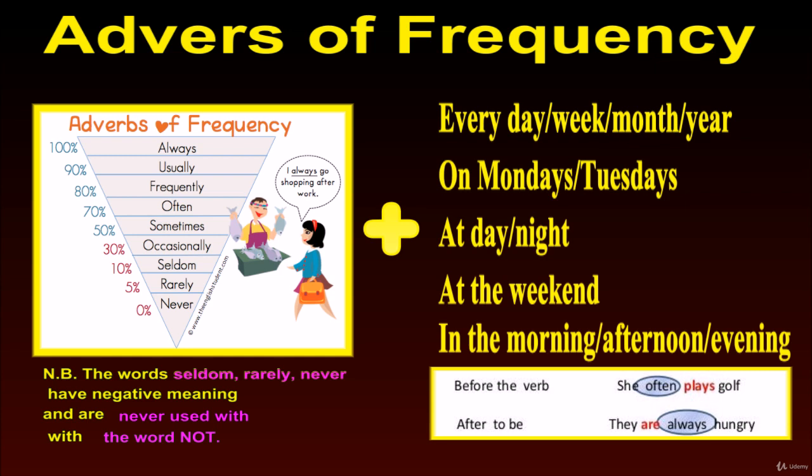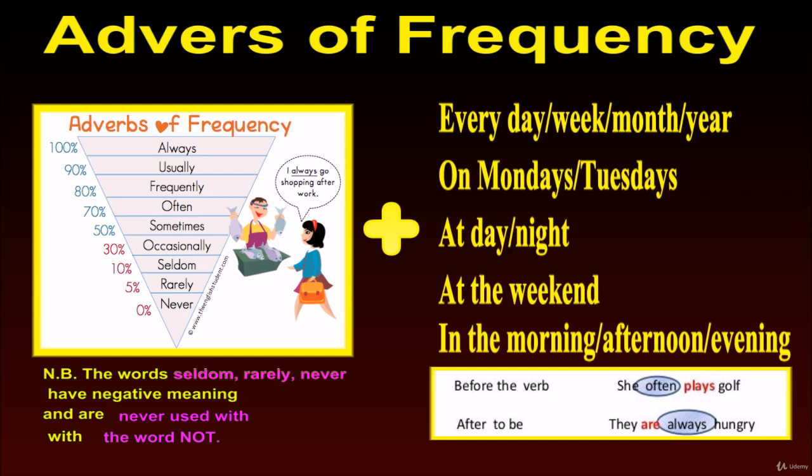It will be wrong. Pay attention that the adverbs of frequency we usually put before the main verb. For example, she plays golf. The main verb here is play. So if you want to use the adverb of frequency often, then you have to put it before play. She often plays golf. And we put them after the verb to be. For example, they are always hungry.